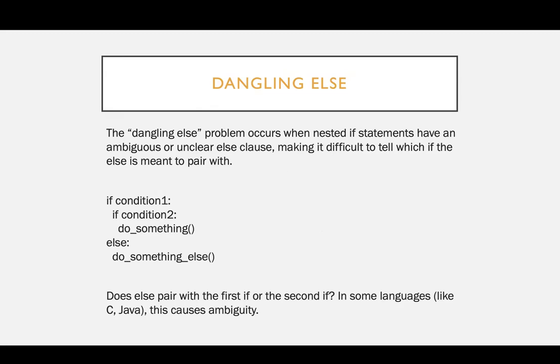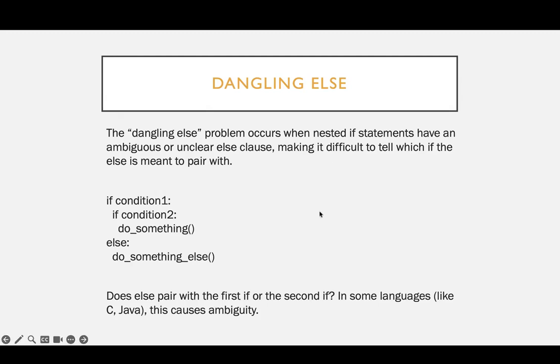Sometimes when we write a lot of if else, it may be confusing which one they pair with each other. This is called the dangling else problem. It occurs when nested if statements have an ambiguous or unclear else clause.